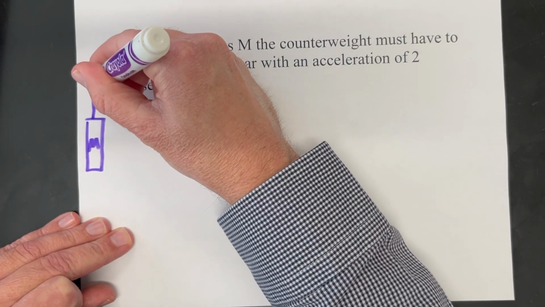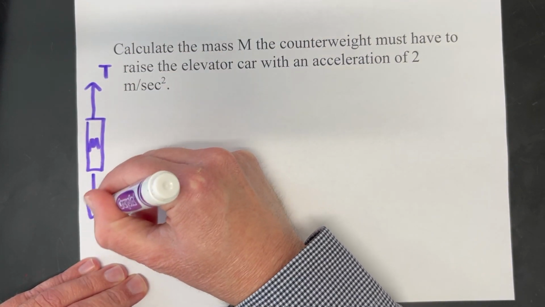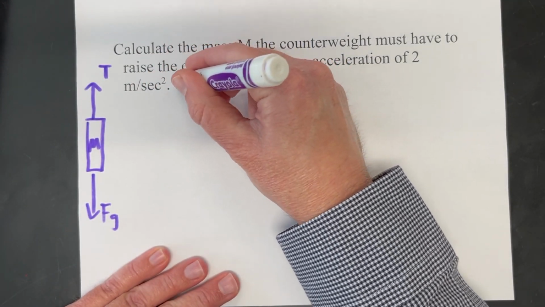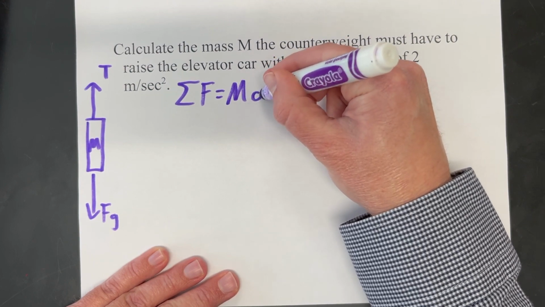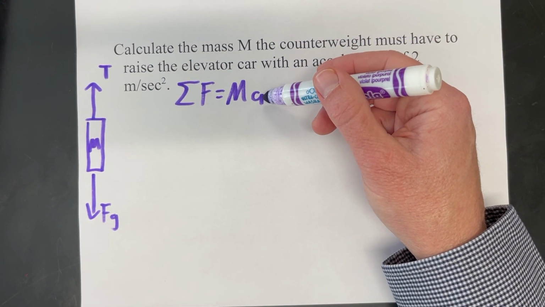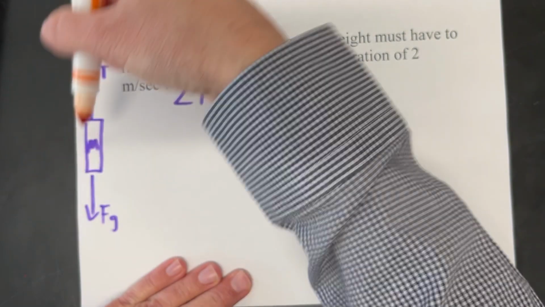Well, we've got the tension upwards on it, and we've got the force of gravity downwards on it. If I write that over here, the sum of the forces on that mass is going to equal that mass itself times the acceleration. And since it's part of the system that we mentioned before, it's going to have the same acceleration of 2 meters per second squared, although for it, the acceleration is down this way.